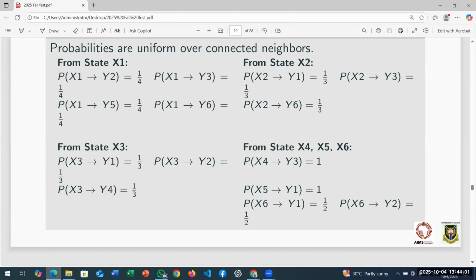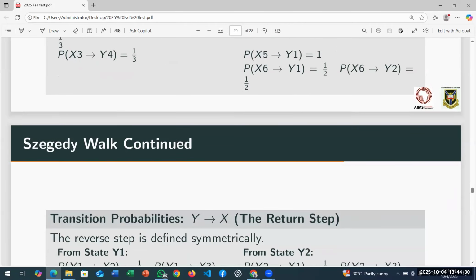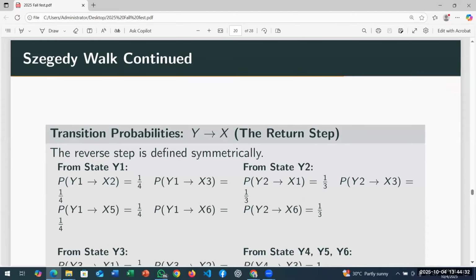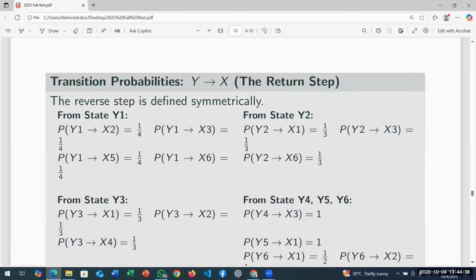That's why X4 goes to Y3 with 100% probability, since no other node is connected. The same way, the 6th node is connected to 2 nodes. It only has 2 neighbors, node 1 and node 2, so the probability is 50-50.